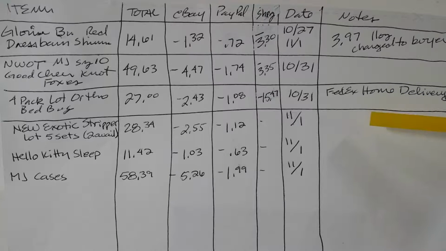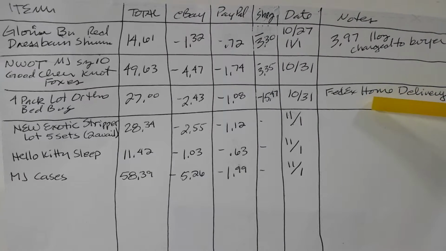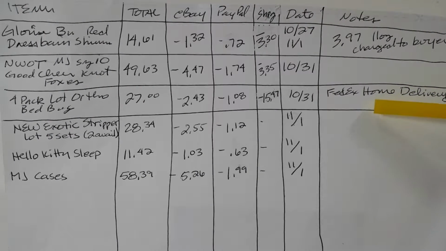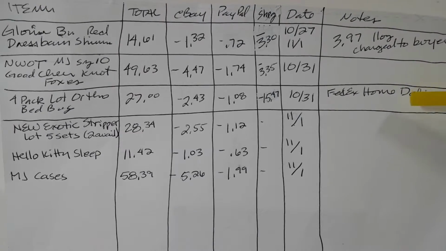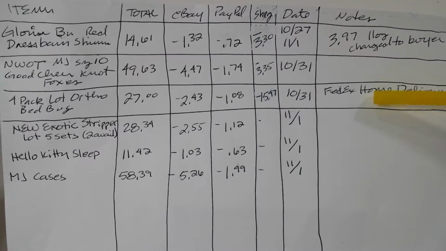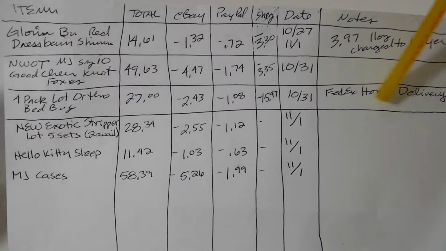I don't go through my invoice with a fine-tooth comb every month, but I do double check these from time to time, so I like to keep track of which ones went FedEx, so that it makes it easier to double check on the invoice and make sure that what I was actually charged was this amount. Now this one's going home delivery, and I think this one is paid for in advance. So I probably didn't need to even write that down.